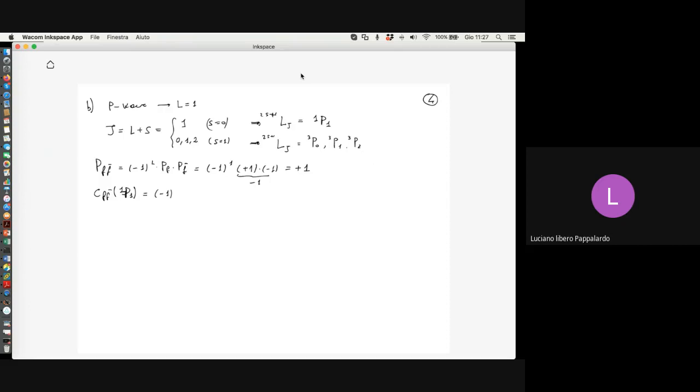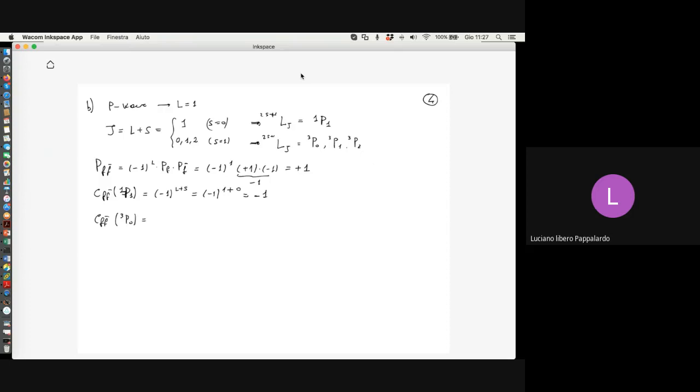So this is in general (-1)^(L+S). That is (-1)^(1+0), because we are in a P wave and S is 0 for the singlet case. And so this is -1. Now for the other three states, let's start with 3P0.